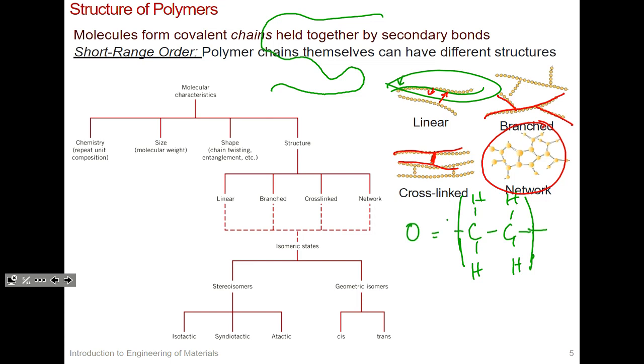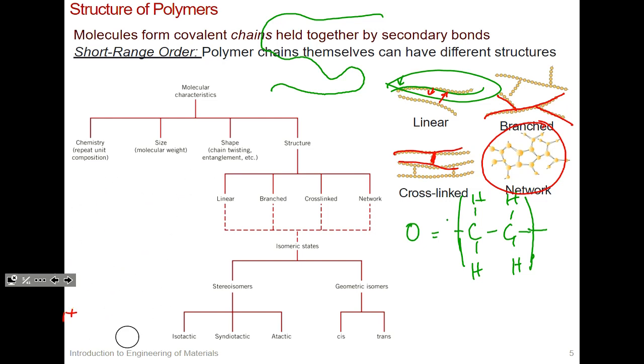Yeah, so you can have, let's say, carbon here. Let's say it starts branching here. That's a covalent bond. So you can have something like this. What you may have seen or not seen, I'll go over it.